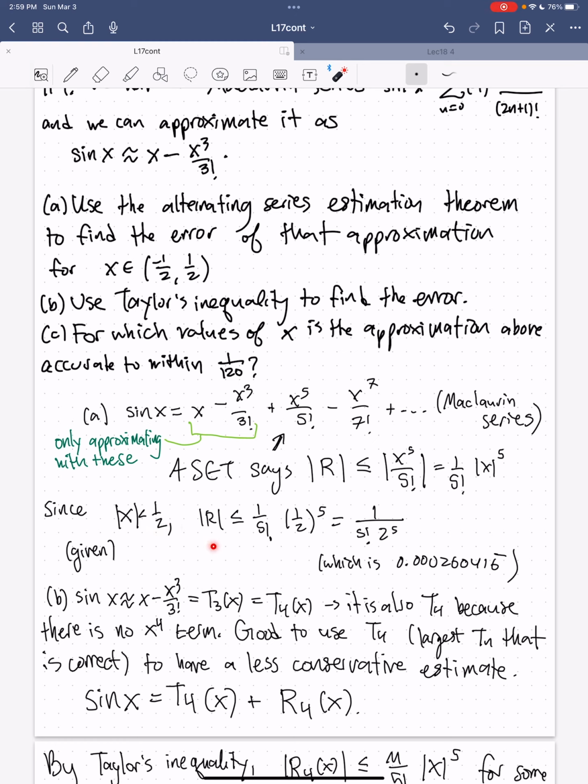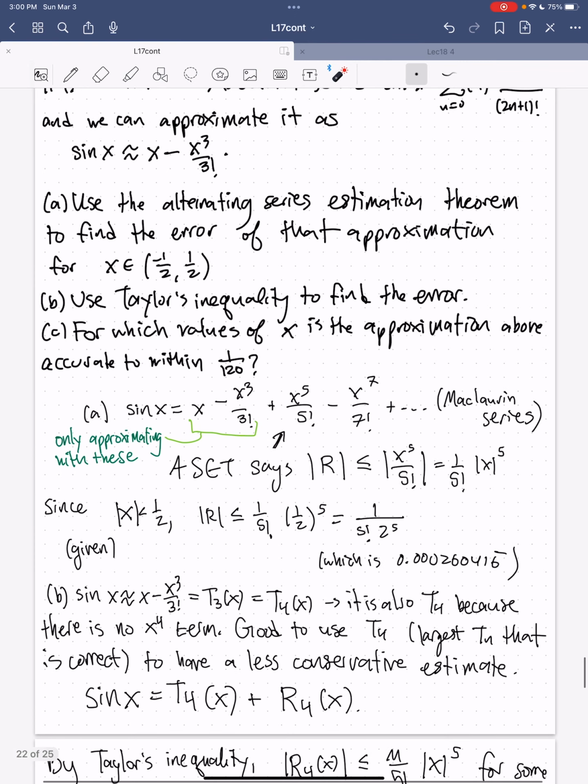And so then the remainder is going to be bounded above by what we get when we plug in 1/2 for x here. So that's how we get this, and that gives us a value 1 over 5 factorial times 2 to the 5. If you calculate what that is as a decimal, then that's just this number. So very, very small number. So that tells us that we're pretty accurate in that interval, I would say.